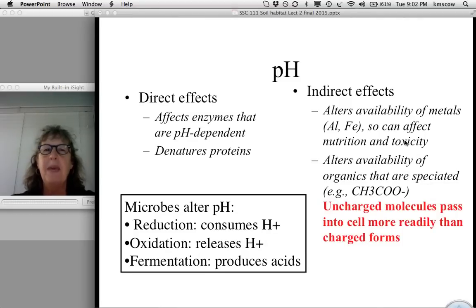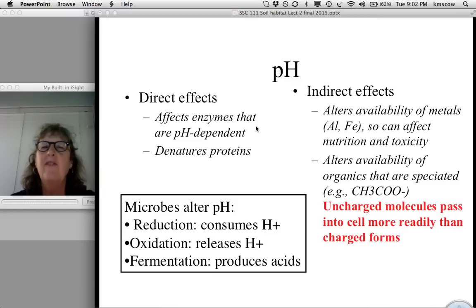Now let's talk about pH. So pH has direct effects on microorganisms and indirect effects. Indirect effects are probably more important than direct effects, but direct effects include changes in enzymes that have a pH dependency. If they are requiring alkaline conditions and the pH drops to acidic conditions, these enzymes may no longer function.